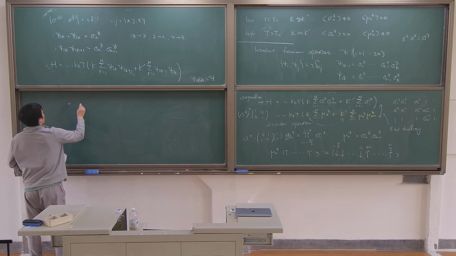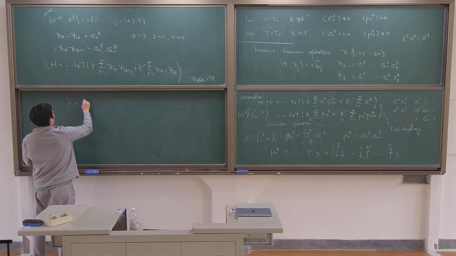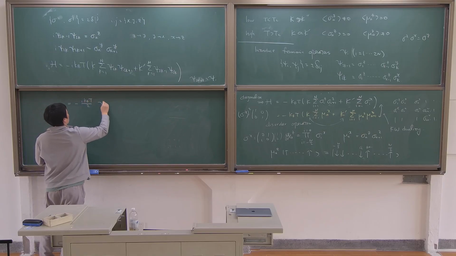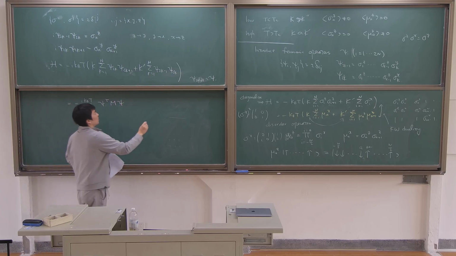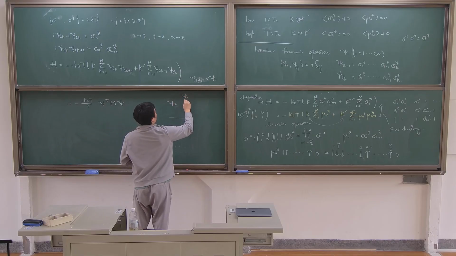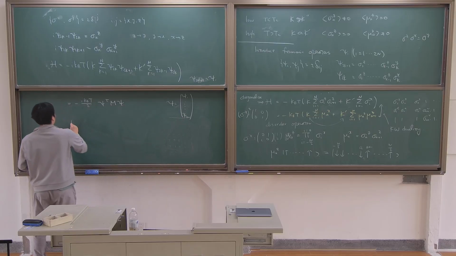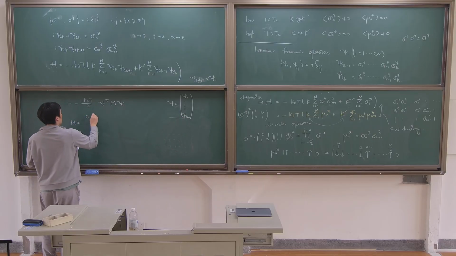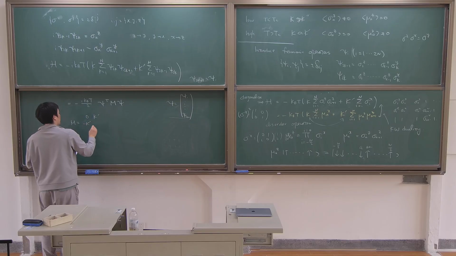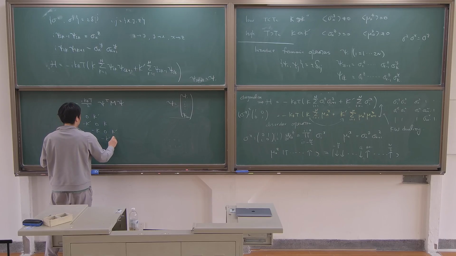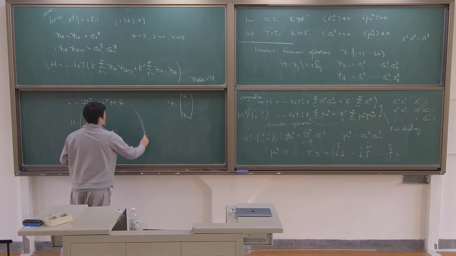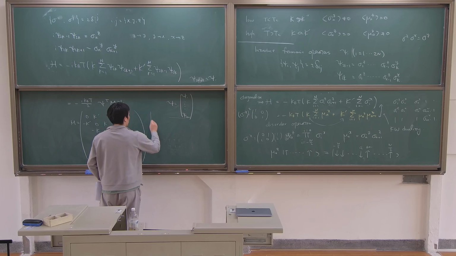So this Hamiltonian can be written as follows: minus i K B psi transpose M psi, where psi is psi 1 through psi 2n, and M can be written as follows: 0, K prime, minus K prime, 0, K, and so on. This is a 2n by 2n matrix.